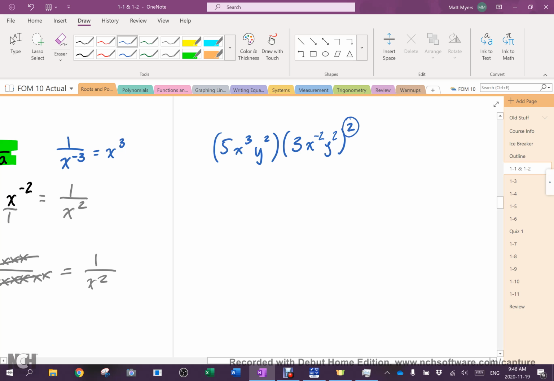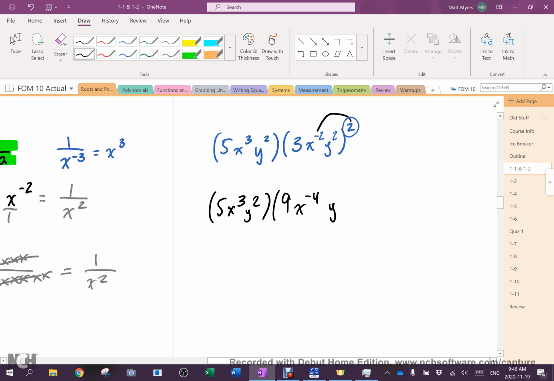Yeah. Okay, so you would have 5x cubed y squared, 9x to the what? 0. No. Danny? What? Negative 4, because you multiply over here, yes?